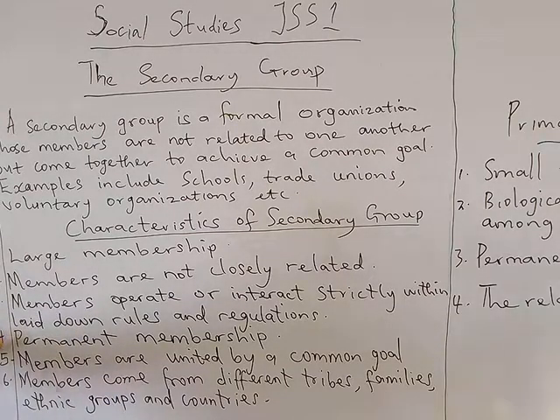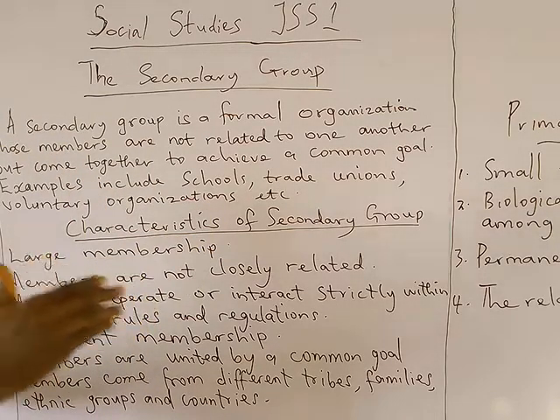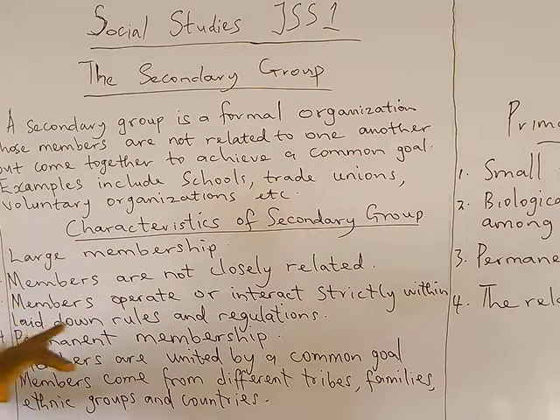Number one, I said primary group has a small size, while secondary group has a large size, meaning that there is small membership in primary group, while in secondary group, membership is large. And then in primary group, biological relationship exists among members, while in secondary group, members have different backgrounds, so they are not really related.